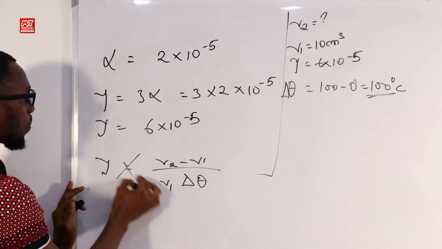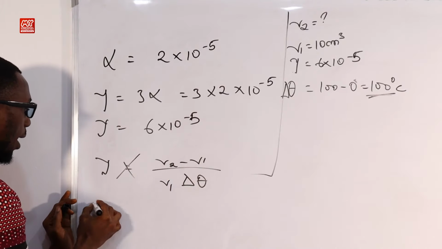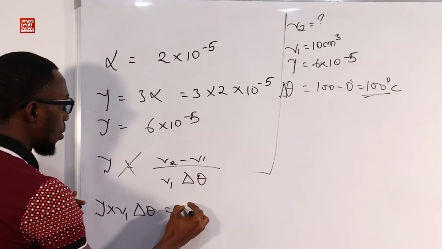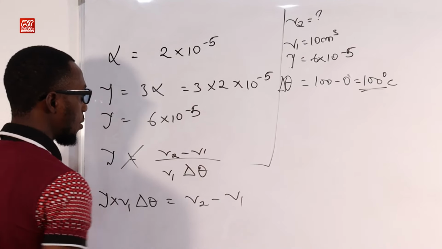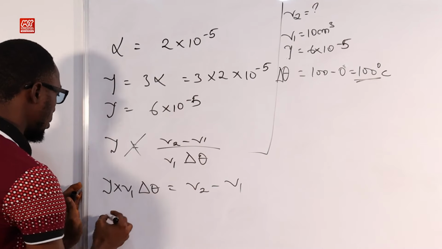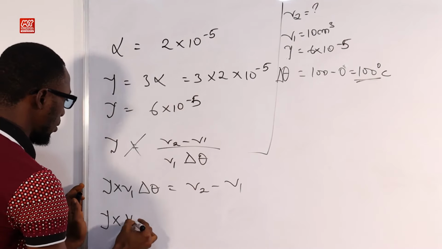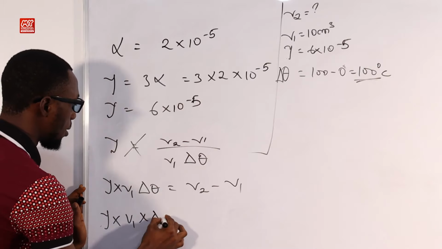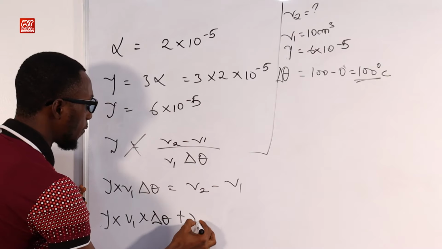So now let's slot in these values and we're going to get the correct answer. When we cross multiply, we are looking for V2, so we have gamma times V1 times delta theta equals V2 minus V1. Therefore, when we send V1 inside, it will be gamma times V1 times delta theta, plus V1, equals V2. This is not Y, this is gamma.